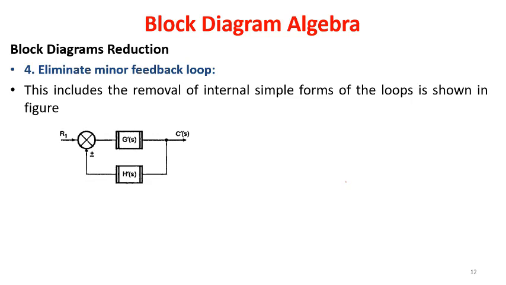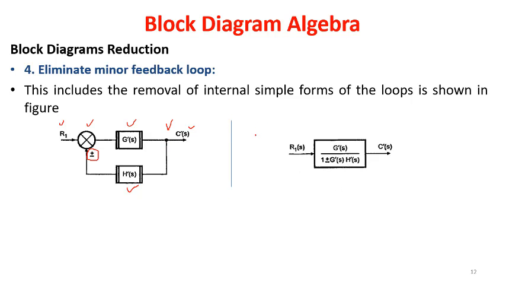So if we are having one summing point, one forward block, one takeoff point and one feedback block, and we are having a feedback signal, plus or minus, and the input for this particular type of loop is R of S and the output is C of S, then we can write this as one single block like this.